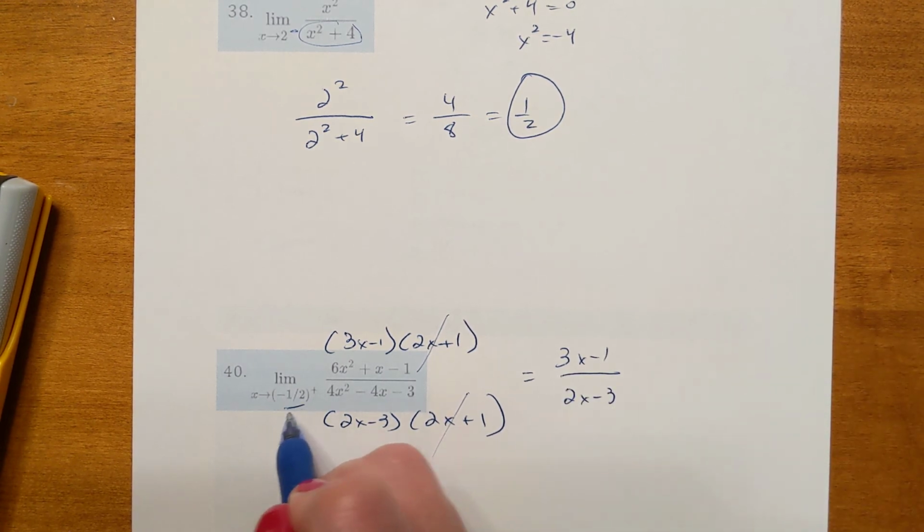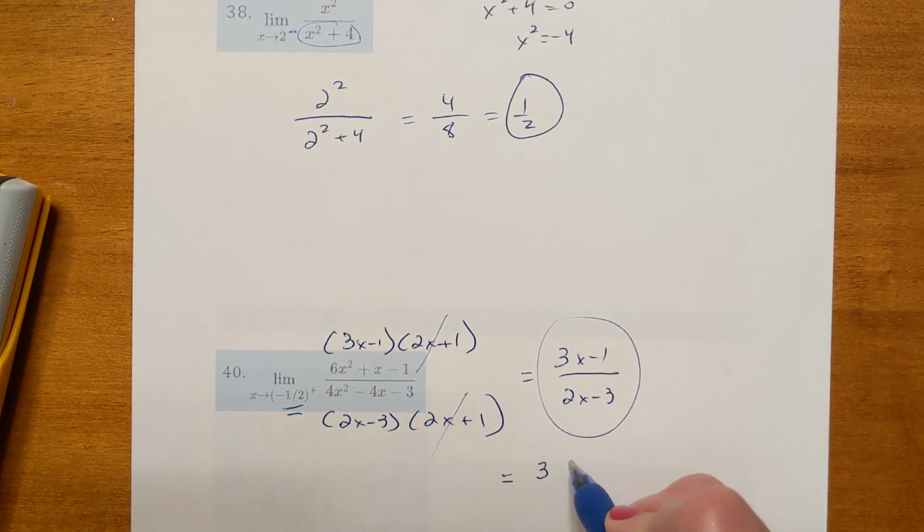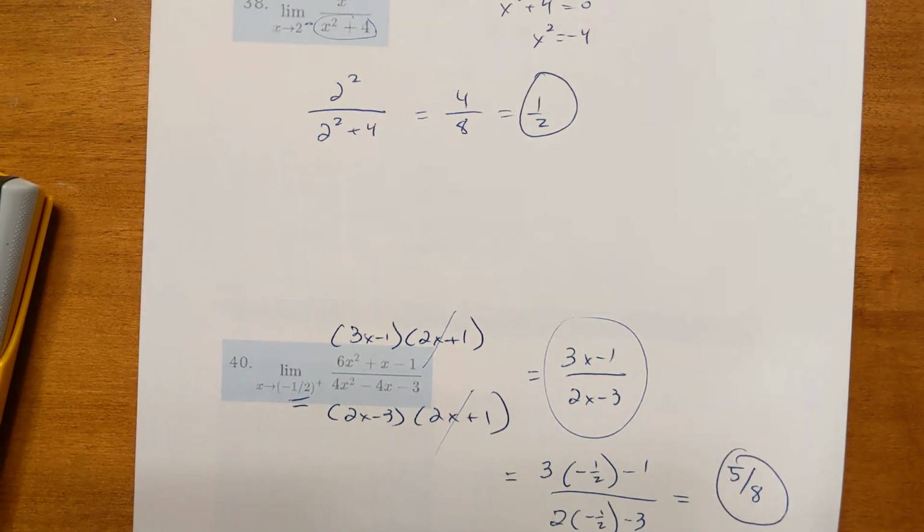So at the number negative 1/2, it's a removable discontinuity. So we can just plug in the number negative 1/2 into what's left here after we removed it. So 3 times negative 1/2 minus 1 over 2 times negative 1/2 minus 3. You would get, when you do the math, 5/8. So the answer to the whole thing is 5 over 8.